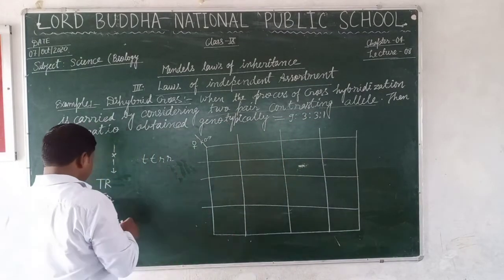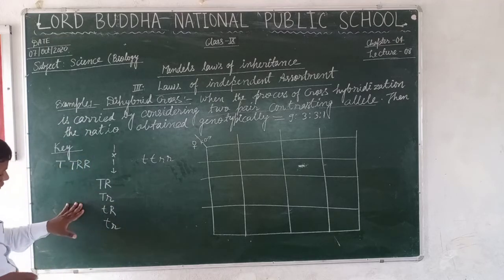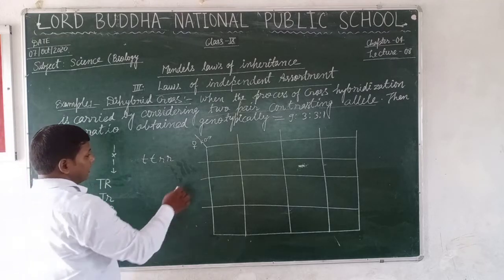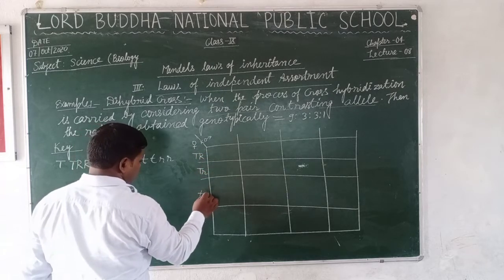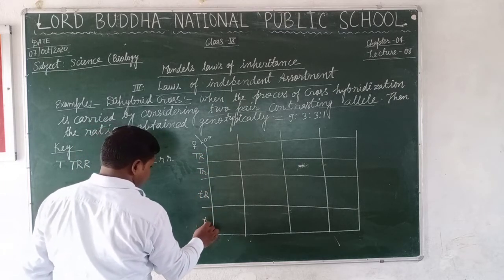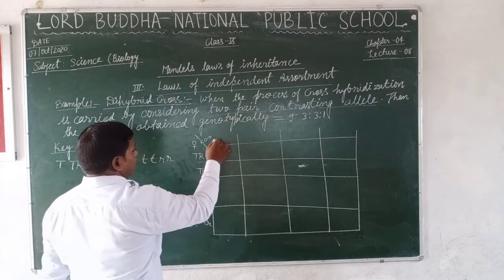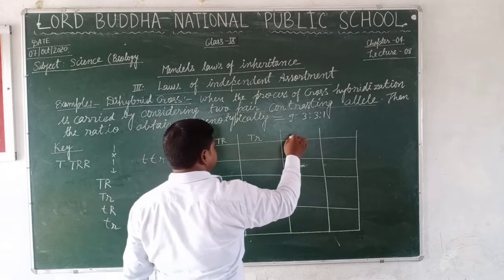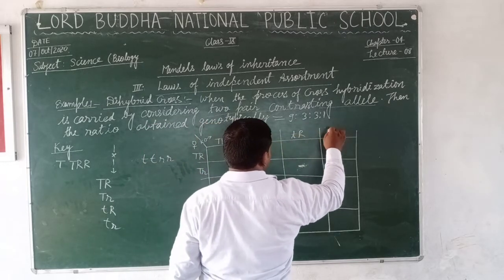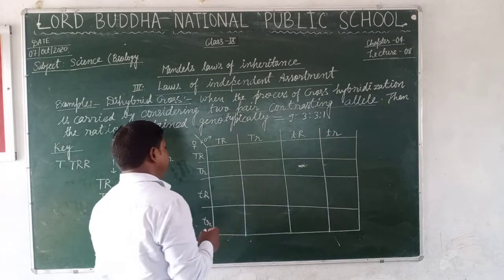Now students, these possible alleles can be taken for the process of cross hybridization: capital T capital R, capital T small r, small t capital R, small t small r.